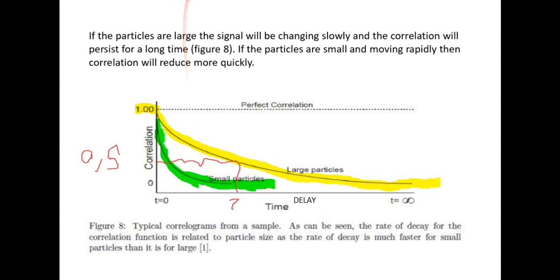You see that at this time the smaller particles almost lose 90% of its correlation, the larger particles still have a reasonably good correlation.